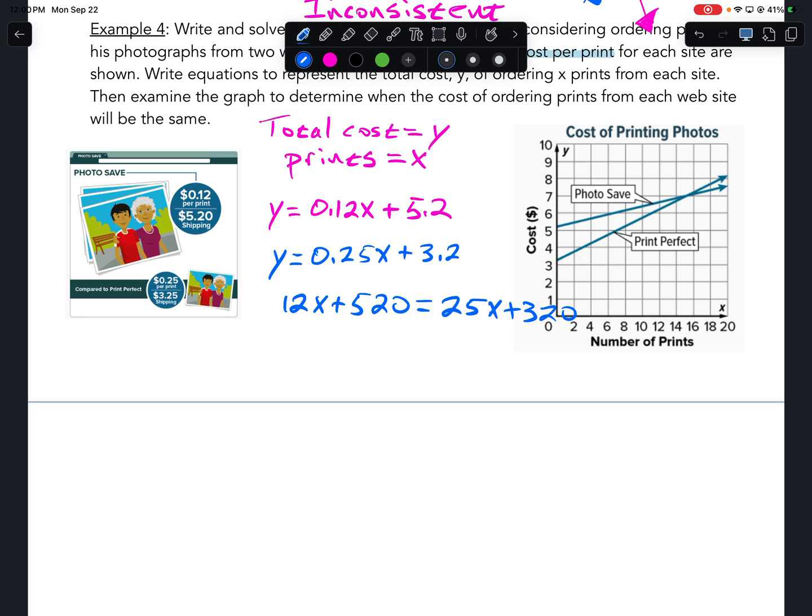Begins with an S, and then a U, and then a B. Substitution. Okay? So instead of this y right here, we wrote this multiplied by 100. So if I solve this, I always get rid of the smallest x first. Minus 12x, minus 12x.